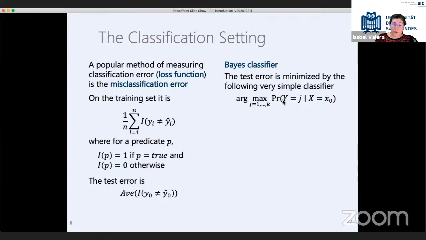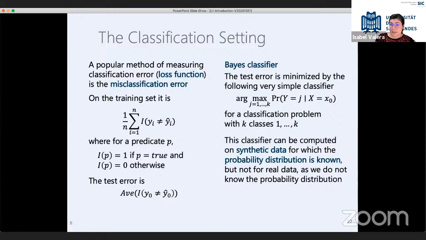So if you could compute the probability of an observation X0 belonging to each of the K classes, because not every classification problem needs to be binary, you may have K values, the Bayes classifier is going to be the one that assigns you according to your probability of belonging to each of these classes. And the good news is that it has the minimum classification error.